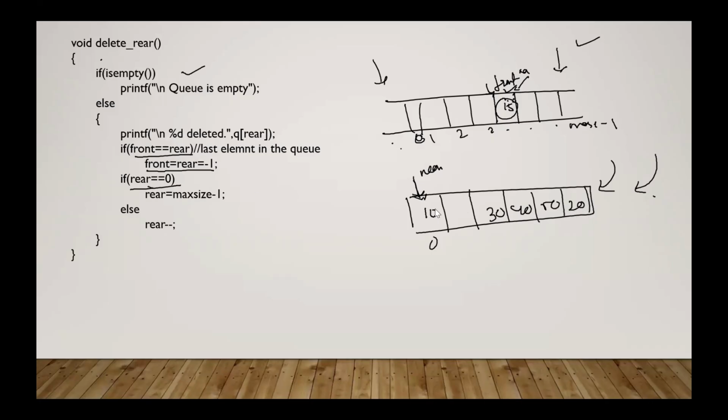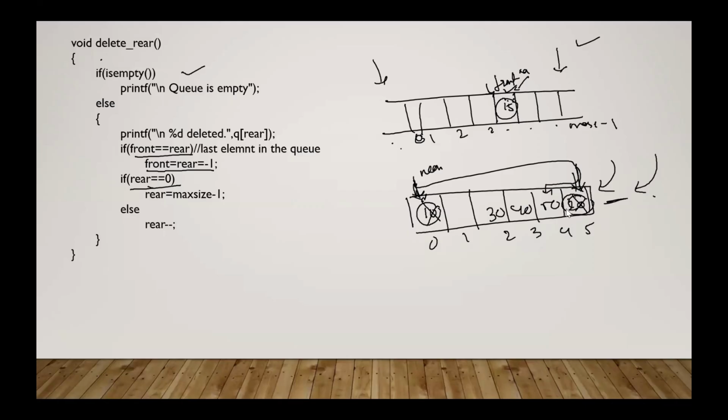Now if rear equal to 0, we delete the value, then we have to make the rear point to this side so that deletion from this side is possible. After that 20 is deleted, then it will move to this location. So it is 1, 2, 3, 4, 5. Once removed, it will go to this location.